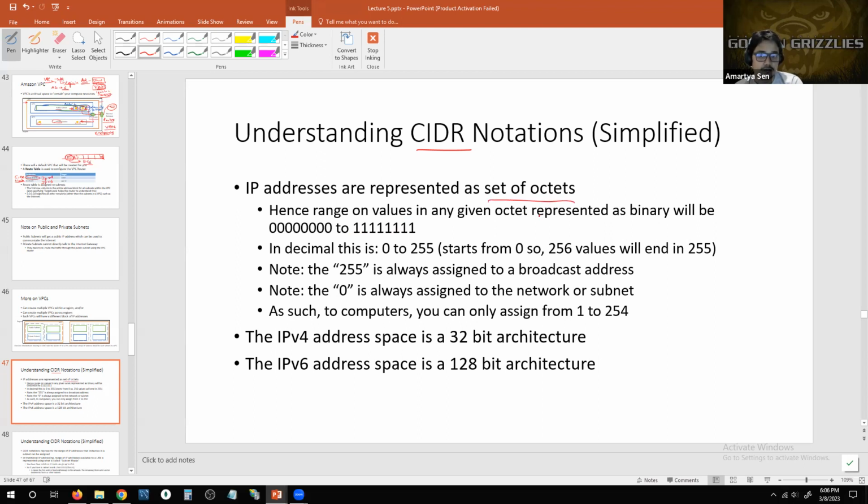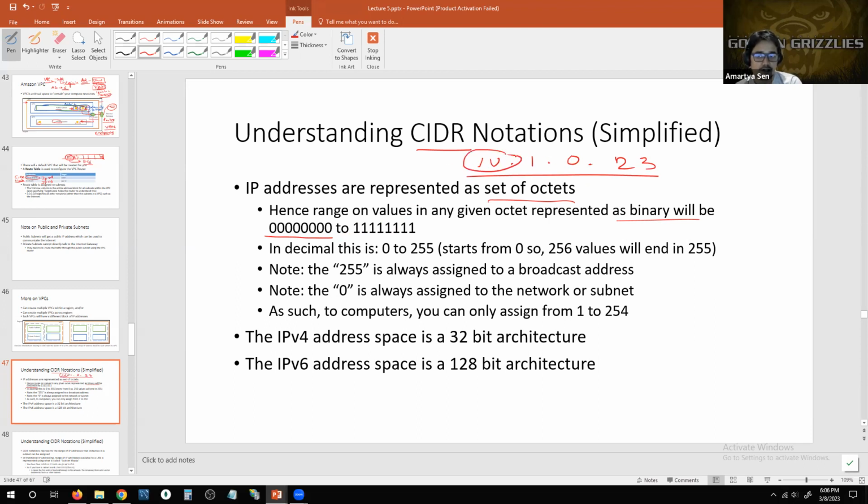And these 4 octet representations can be binary, right? So that means you have 8 bits of values separated by these 4 positions, right? So if I take an IP address like 10.1.0.23, this is the nature of a typical IP address. Okay, so you have 4 different octets.